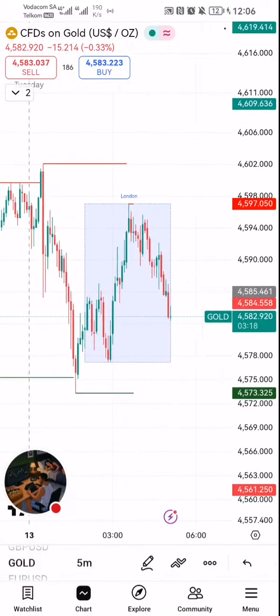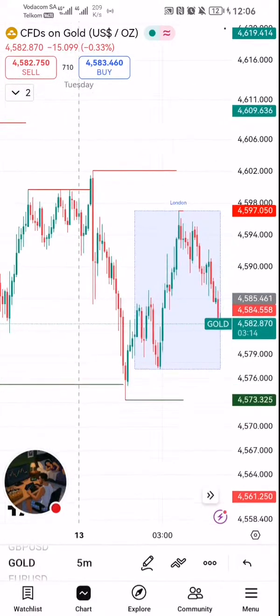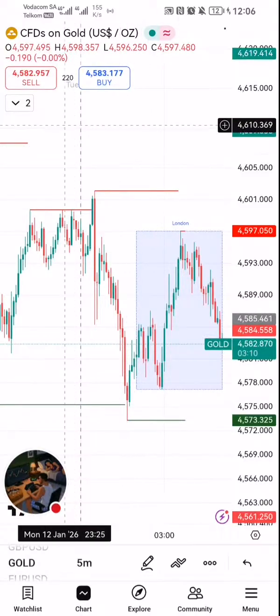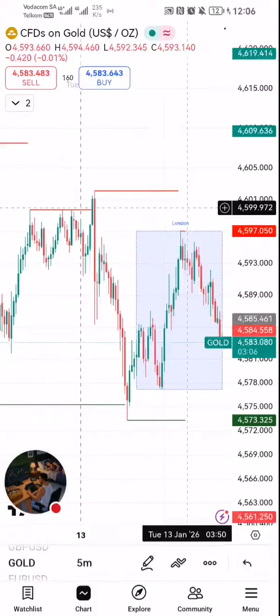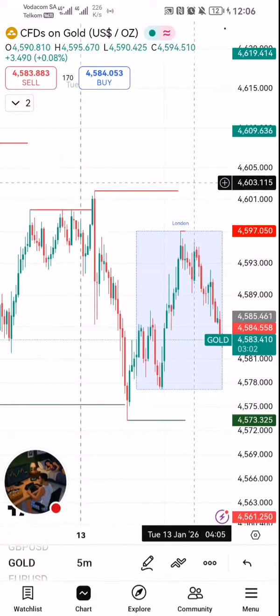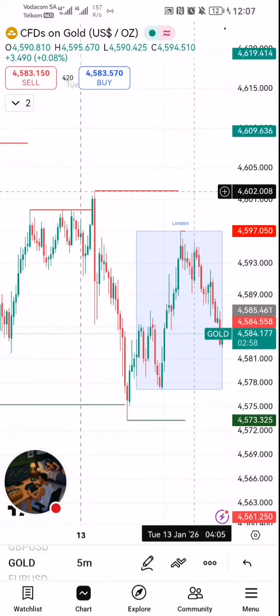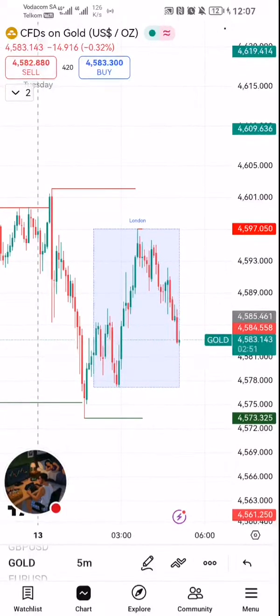You see, it's probably going to be a sort of tricky setup for gold today, because look at all these resistances we have close to each other. There's one there, there's one here, there's also one here. So I'm probably going to take buys when I close above this one, since it now seems like one of the major resistances.